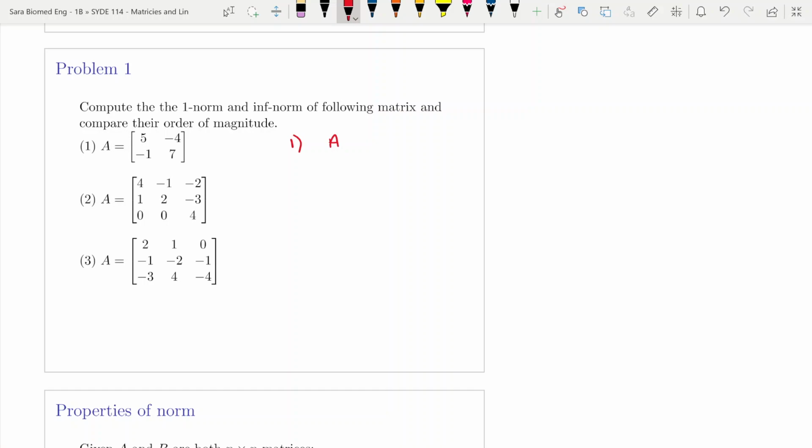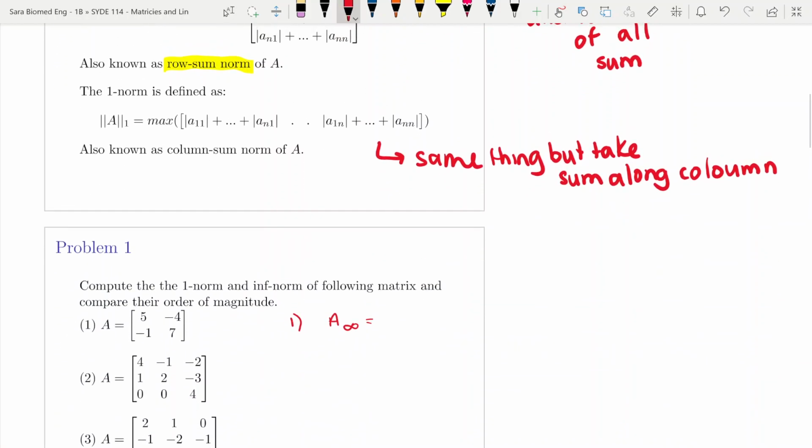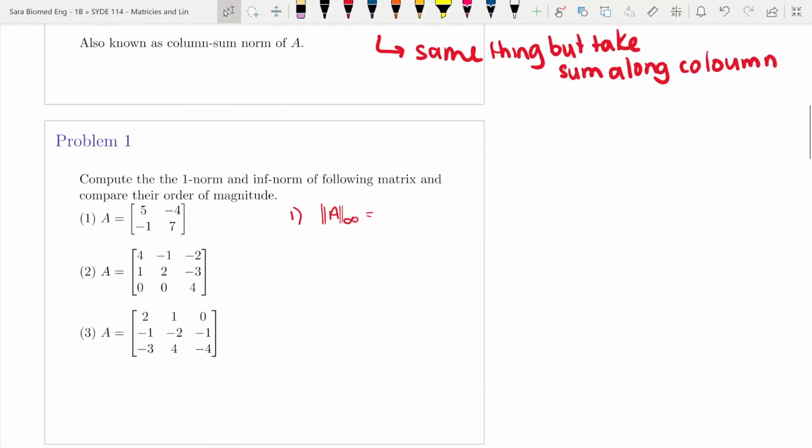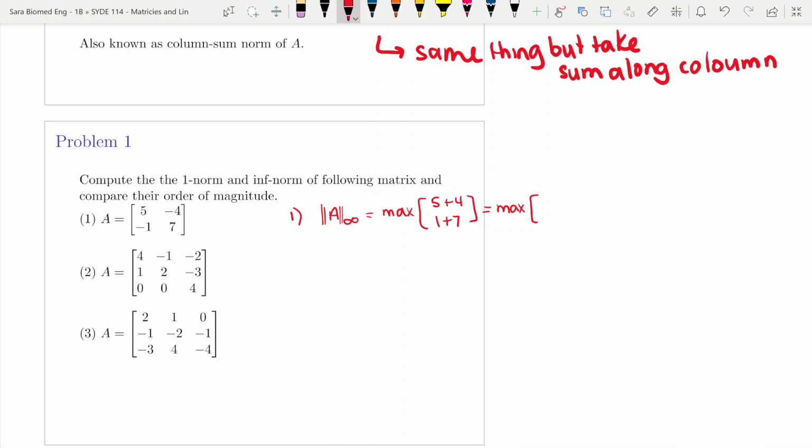The second one is 4, minus 1, 1, 2. In a couple of minutes, we'll go through it together.